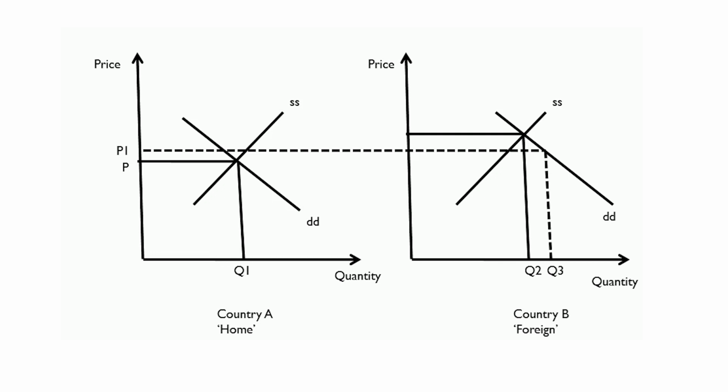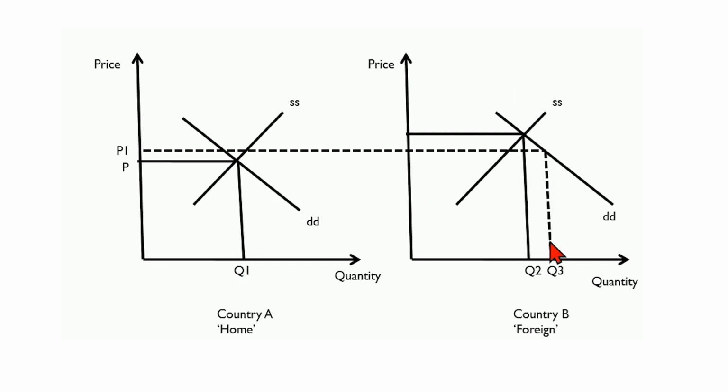If you look at the left panel of the diagram, there is a demand curve and a supply curve. And as you know, students, the equilibrium takes place at the point where demand is equal to supply. Here the equilibrium price at home is P, and the quantity sold in the domestic market is Q1. Now jump to the right panel.